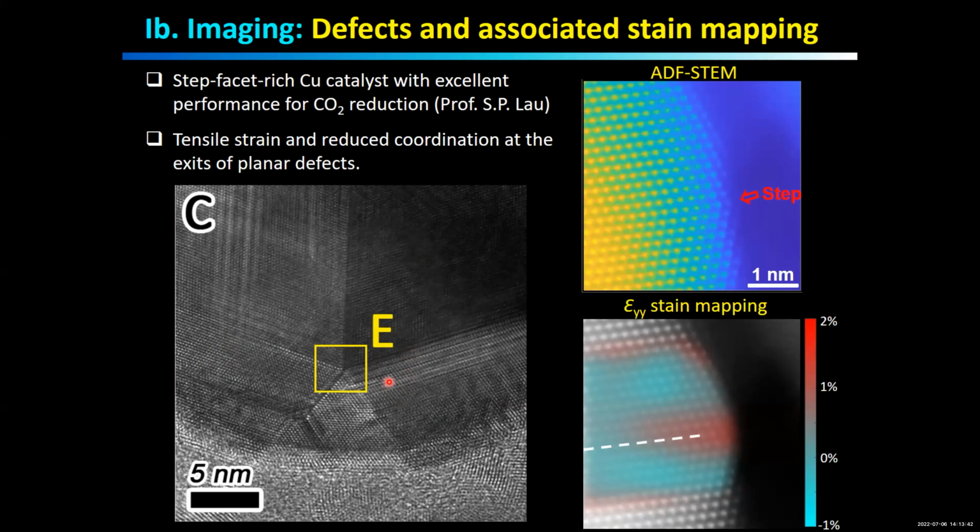More importantly, these planar defects give rise to step phases at the surface, which tend to show low coordination number and also tensile strain. With the sub-angstrom resolution in our image, we can reliably measure this tensile strain, which is about 1%. And this is consistent with the synchrotron X-ray analysis. Both the tensile strain and the reduced coordination should contribute to the very good performance for CO2 reduction.